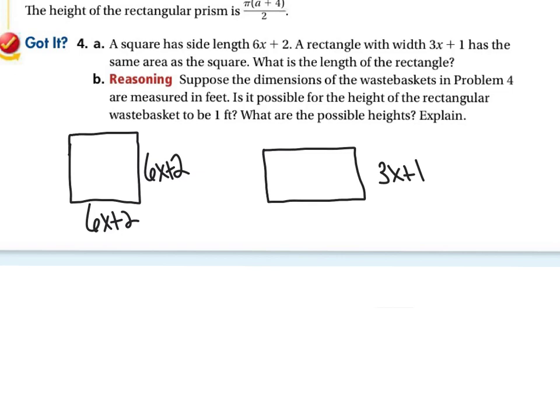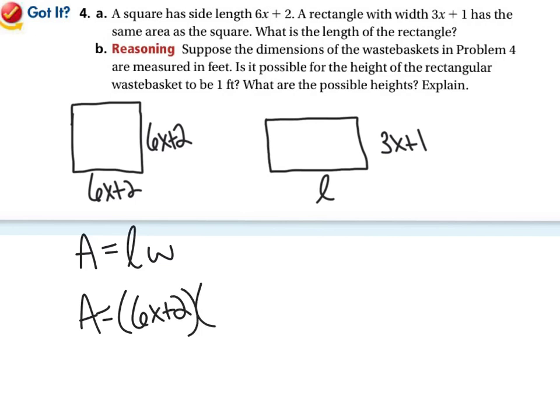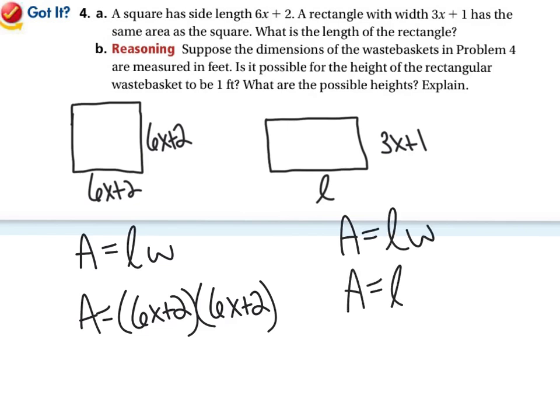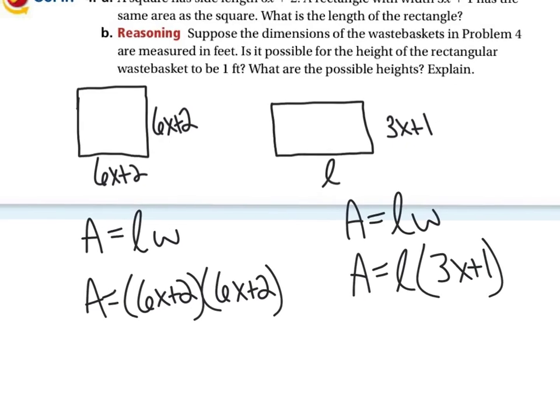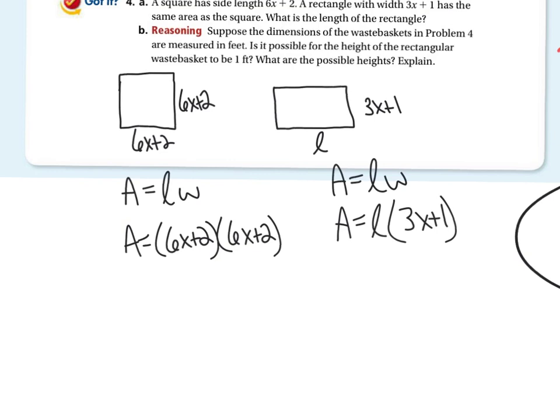What is the length of the rectangle? So the area of a rectangle is length times width. So for our square, we would be doing 6x plus 2 times 6x plus 2. On our rectangle, we would be doing L times 3x plus 1. And they are telling us that these areas are the same.